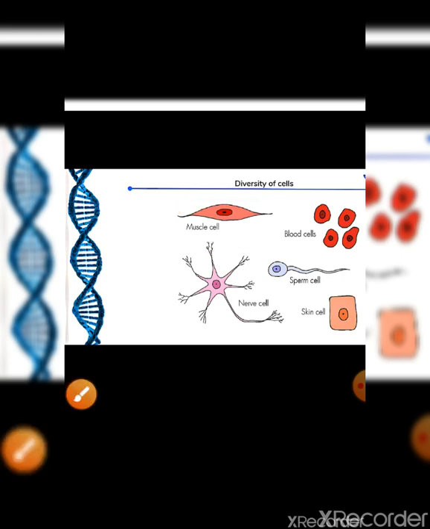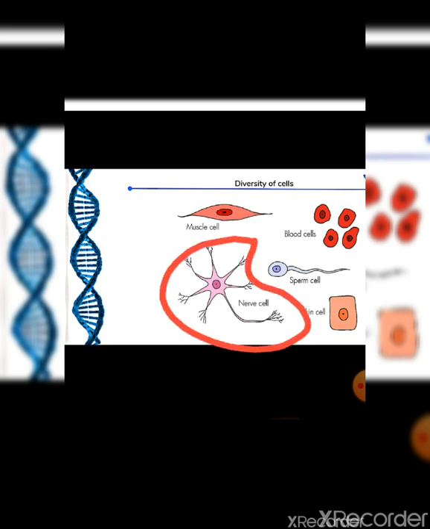Now if you see the blood cell, it is round in structure, or we can say irregular round, oval in shape. Now the nerve cell. What is the function of the nerve cell? Nerve cells carry the information from one place to the other, so it is long.